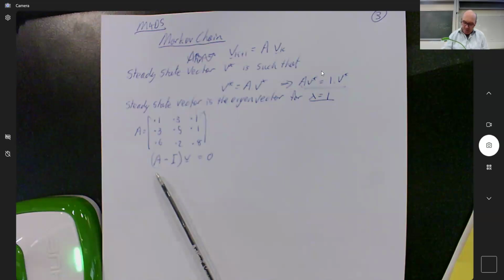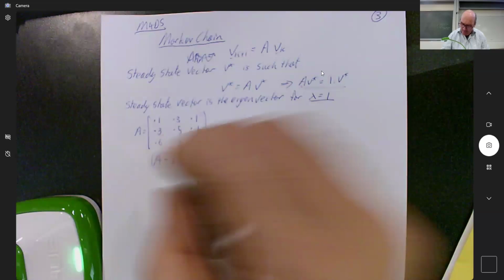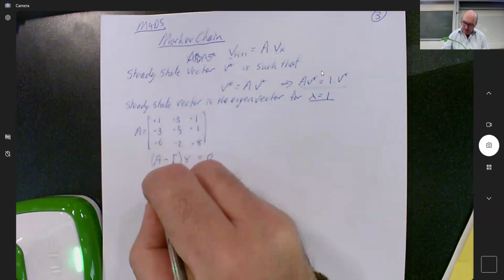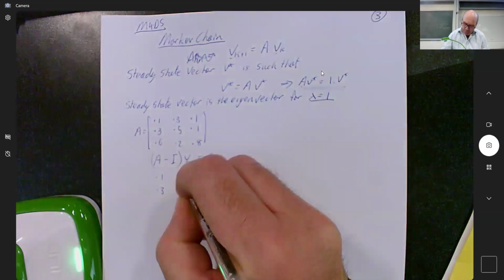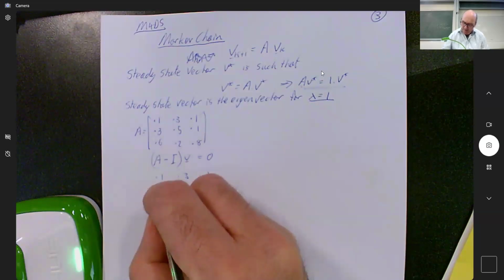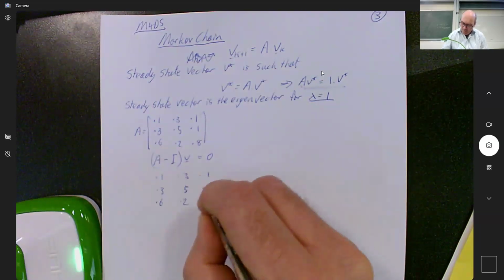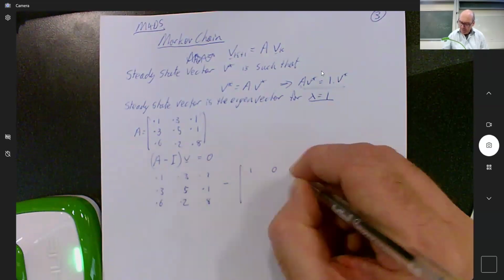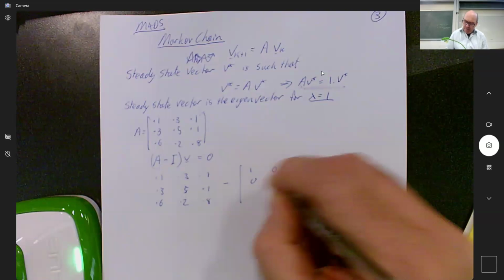When I do this bit here, I'm going to have my matrix 0.1, 0.3, 0.1, 0.3, 0.5, 0.1, 0.6, 0.2, 0.8, minus the identity matrix 1, 0, 0, 0, 1, 0, 0, 0, 1. Less fun.